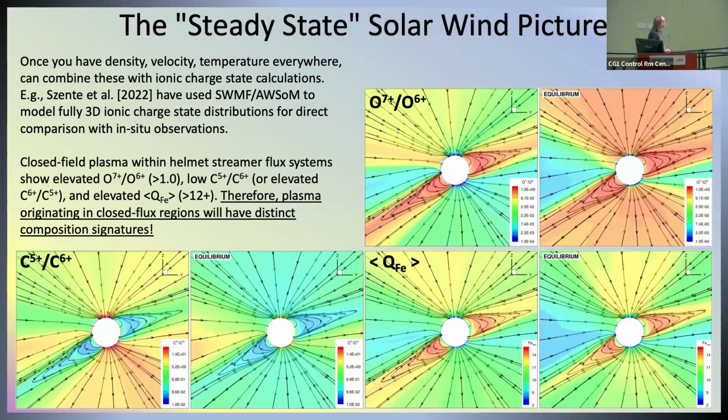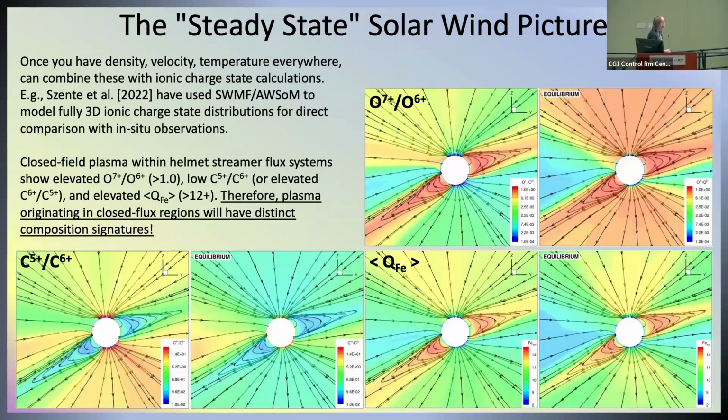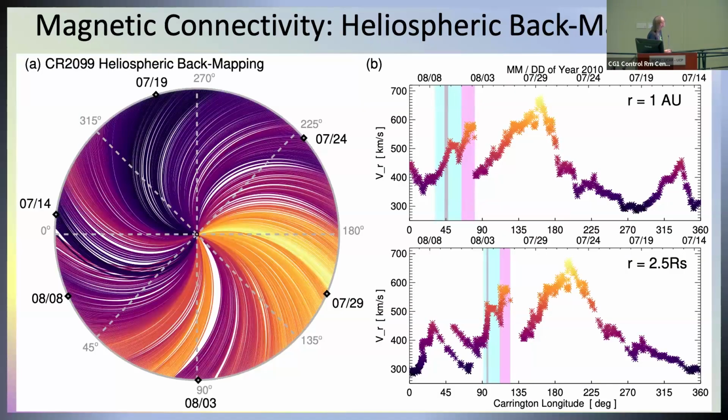Okay, so if we know this kind of structure, and we have our 1 AU spacecraft measurements, we can use what we've known to figure out where all the solar wind came from.